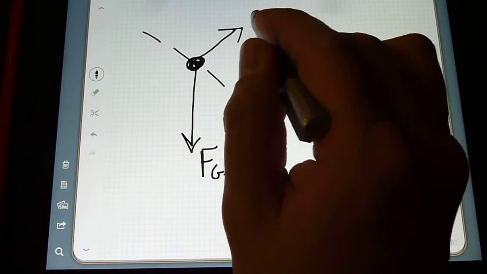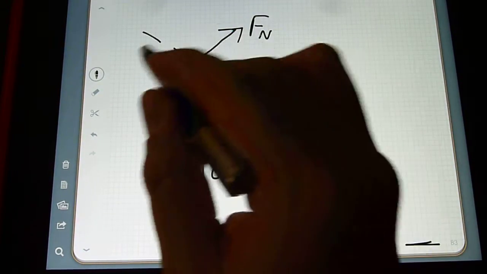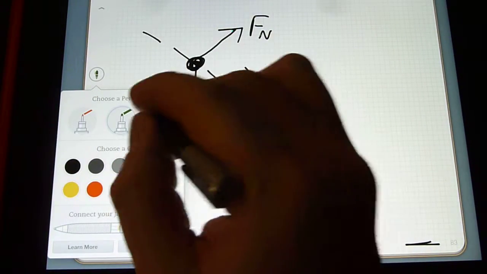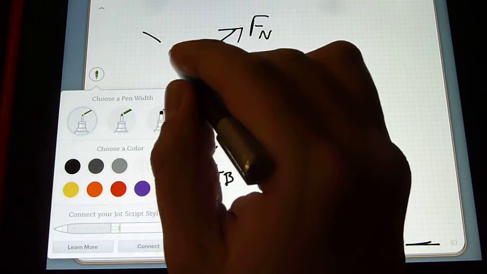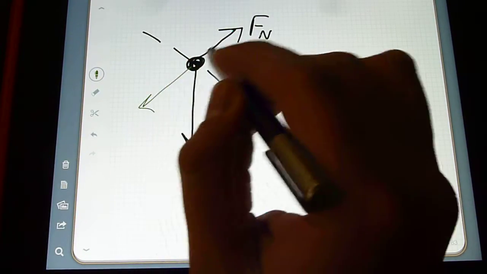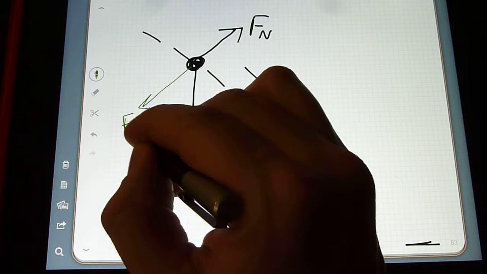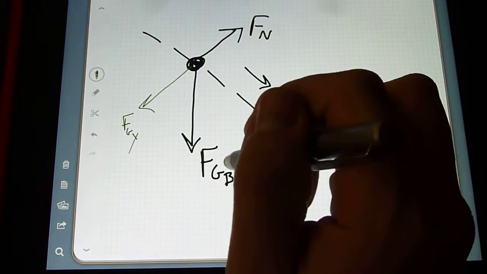So our normal force only has to counteract the y component of F_g, F_g sub y. That's as big as the normal force needs to be.